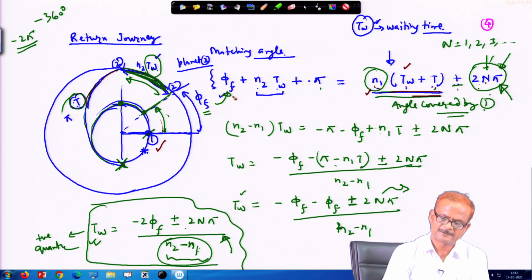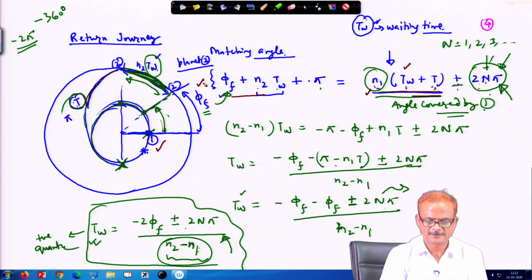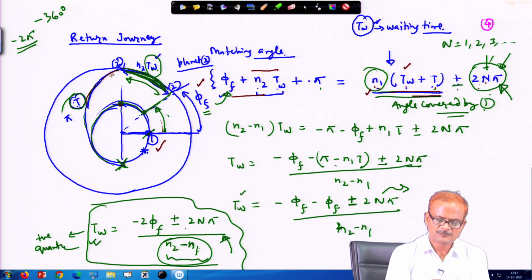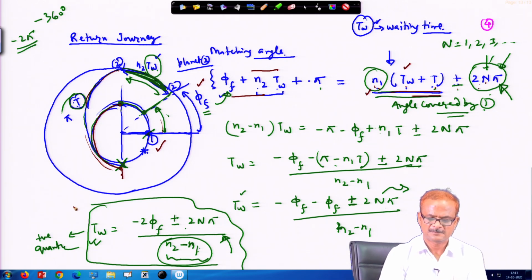On the left hand side, what we have done: phi f is the initial phase difference between 1 and 2. During the wait time, further phase difference is created. So, this comes here, and then to this we add this pi angle, which is the angle from this place to this place, so that it matches with the position of the earth.